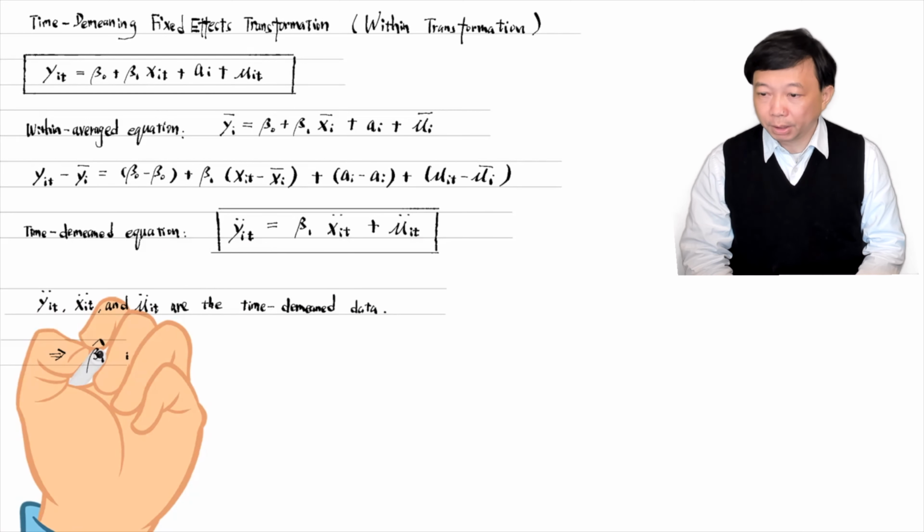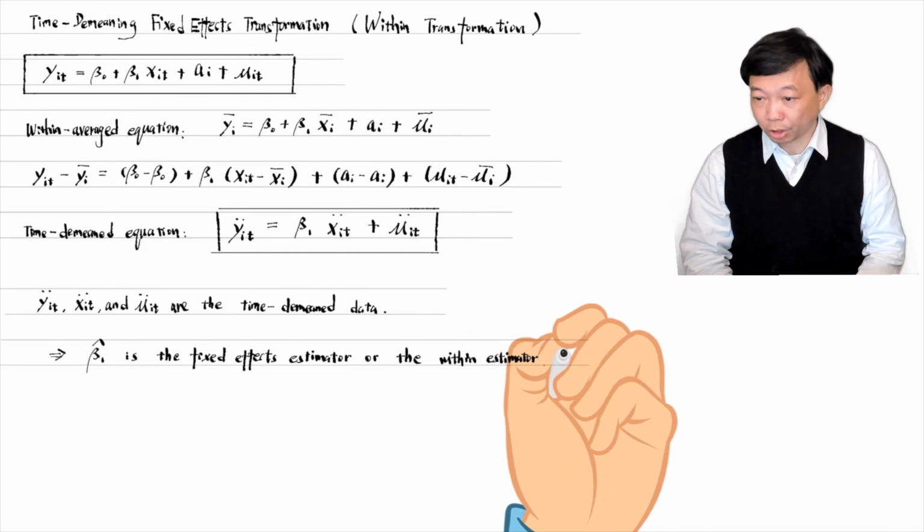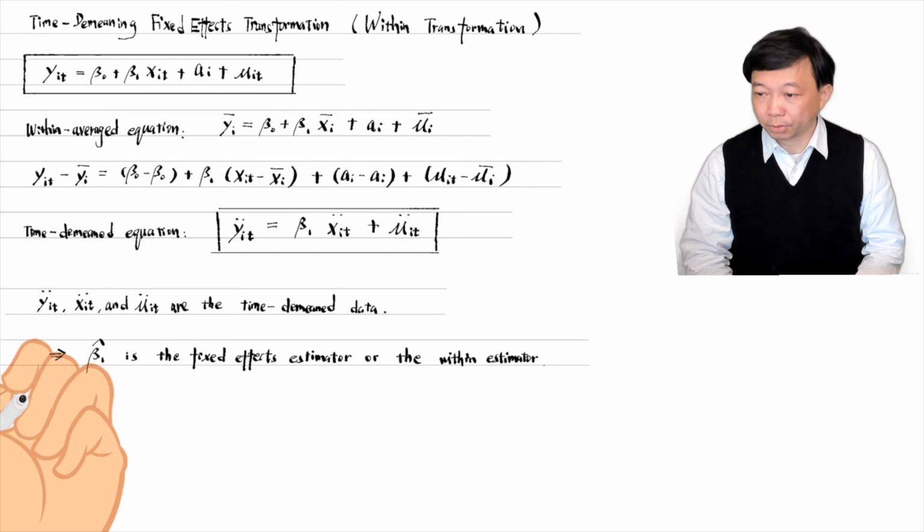The time-demeaning fixed effects transformation is also called the within transformation because the method uses the variation in y and x within each individual to estimate the coefficients. Notice that the individual fixed effect a_i has been removed from the model during the transformation.